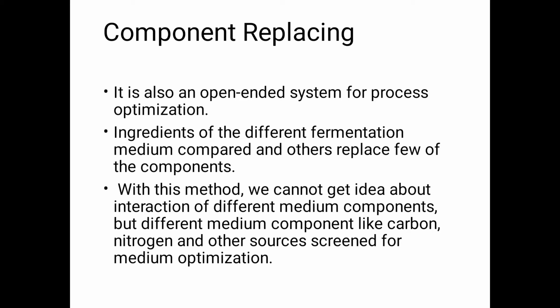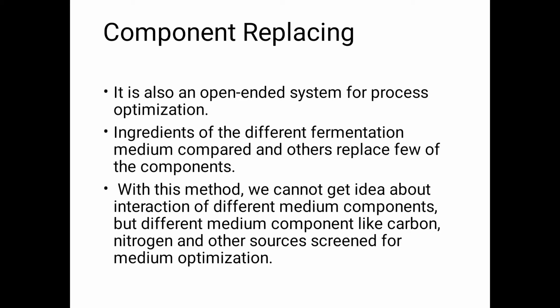This is also an open-ended system. So here ingredients of the different fermentation media are compared, and you can replace a few of the components according to the results that you're getting. You will change one component and see if you're getting a good result. So instead of yeast extract, you may use beef extract.